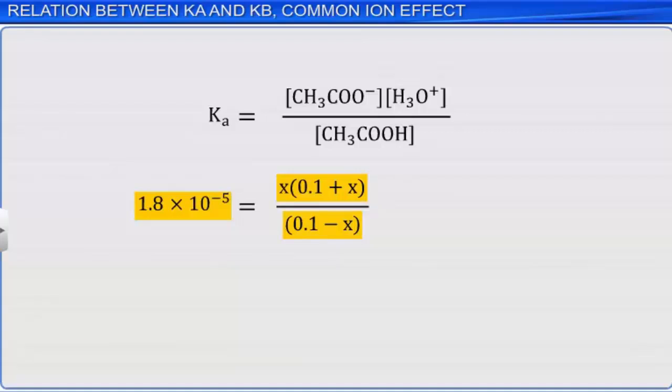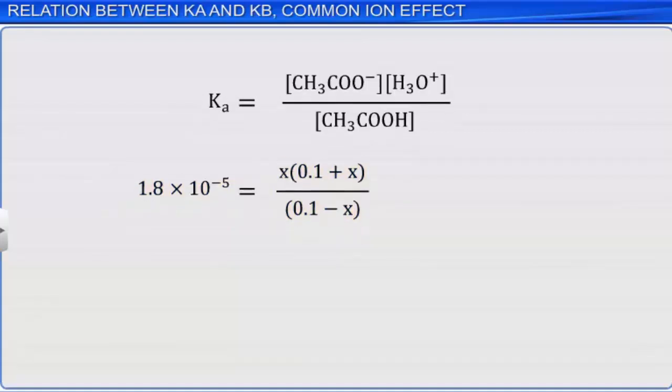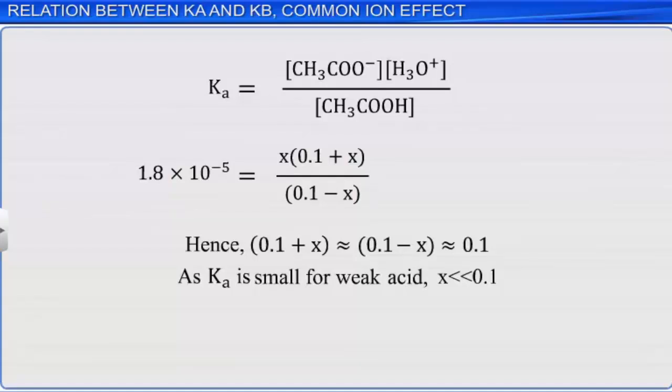As the acid dissociation constant Ka is small for a weak acid, the extent of ionization X can be assumed to be very much smaller than 0.1 mole. Hence, you can assume that 0.1 plus X is nearly equal to 0.1 minus X, which is nearly equal to 0.1.